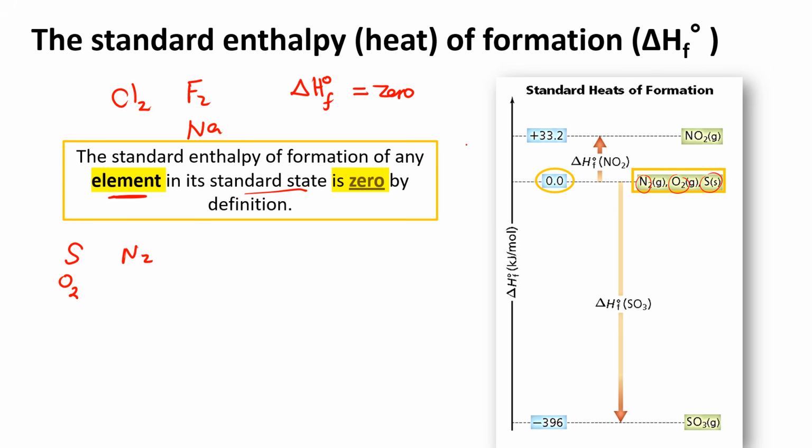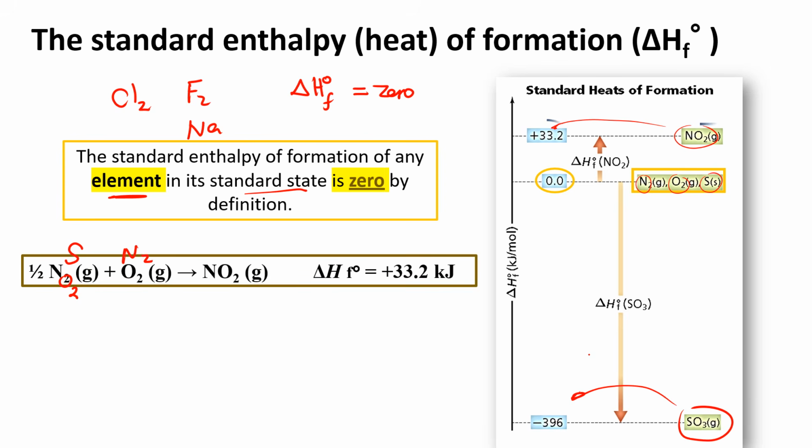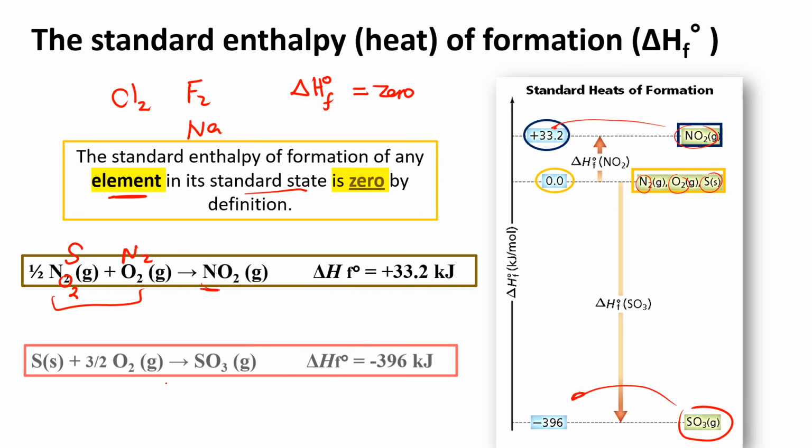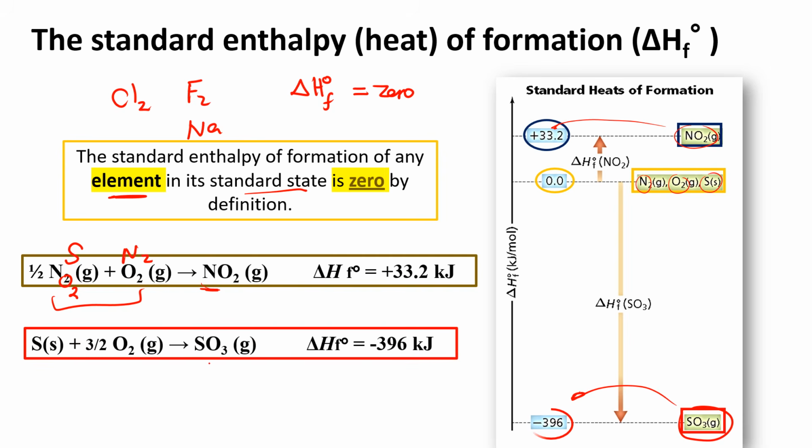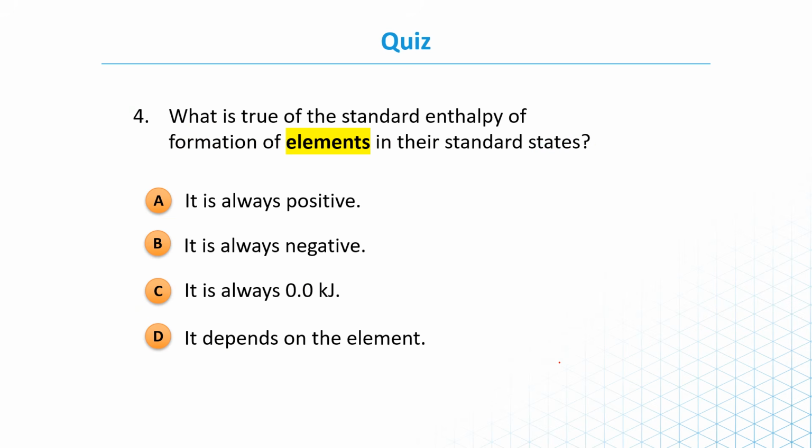For compounds, no, it's not 0. We have a number. Okay? For compounds, we have numbers. Alright? So as you can see here, this is the formation of nitrogen dioxide, and this is the formation of sulfur trioxide, as you can see. Okay?